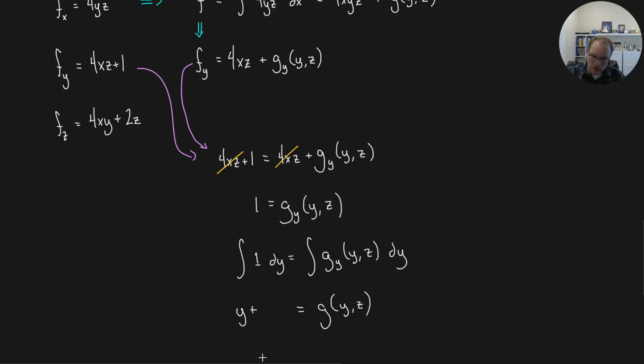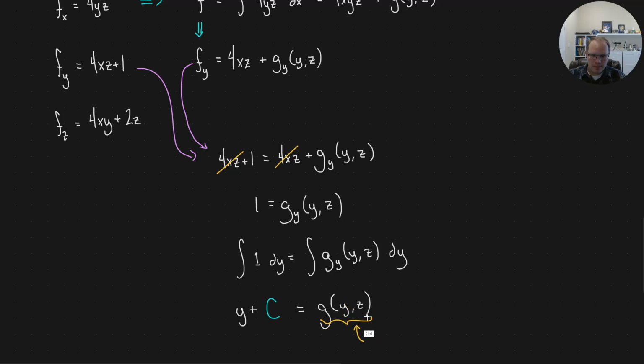Here's where things get a little tricky again, right? I'm treating only y as my variable. Any other variable I'm treating as a constant. So when I say plus a constant, that constant could involve other variables. Now, it cannot involve x, because this function g of yz involves only variables y and z. So x is out.